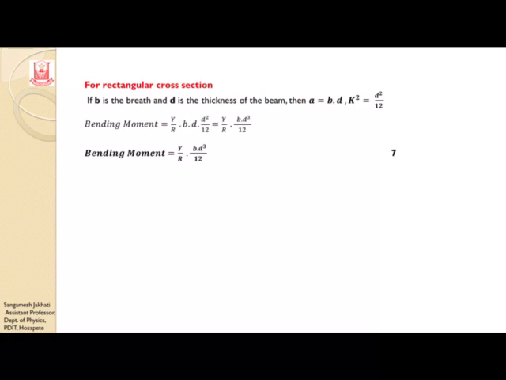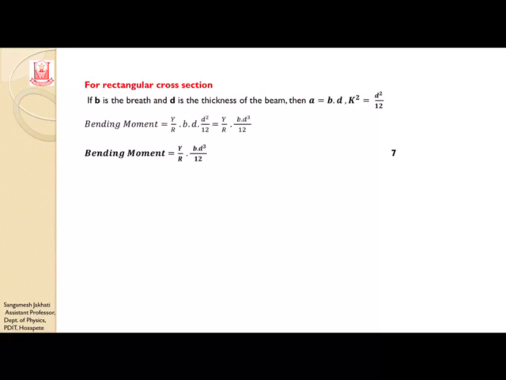For a rectangular cross section, if b is the breadth and d is the thickness of the beam, then the area of the rectangular cross section is b into d, breadth into thickness. The radius of gyration, k square, is given as d square by 12.